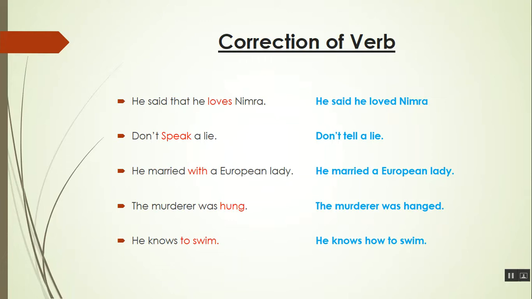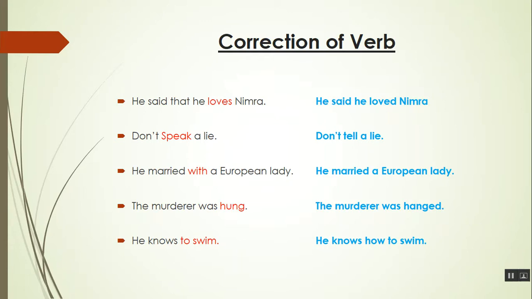When we speak naturally, it means speak. And when we are making a story or making a plan, we use tell, not speak. Speak is a bit natural, and tell is made temporarily for personal benefit. So don't speak a lie is incorrect, and don't tell a lie is a correct sentence.